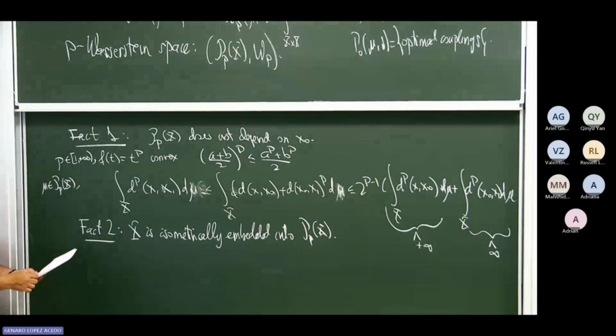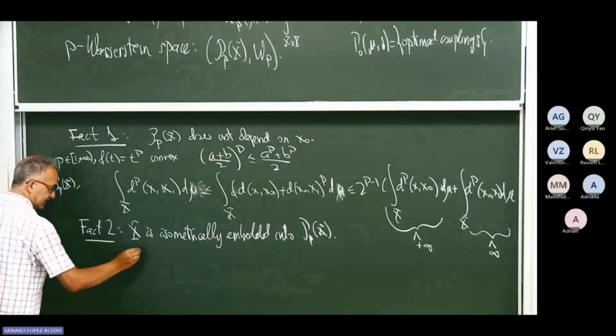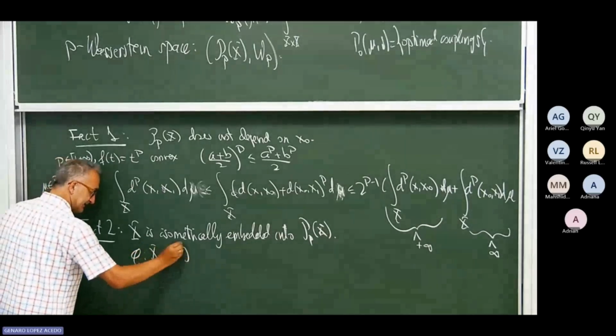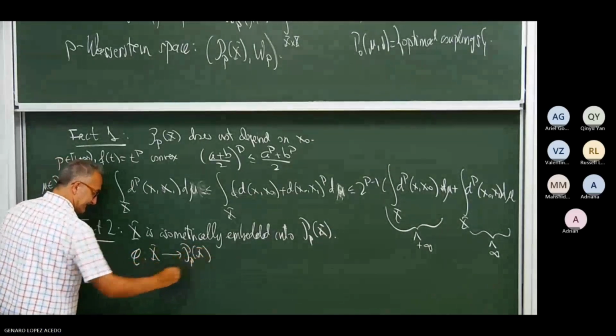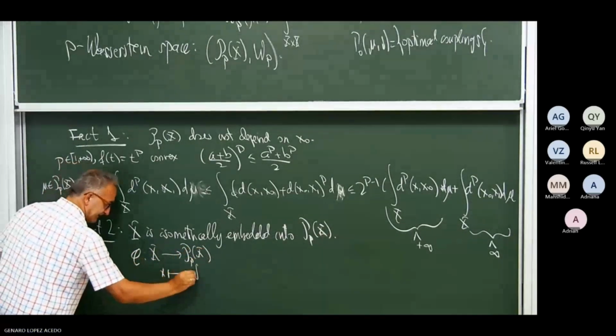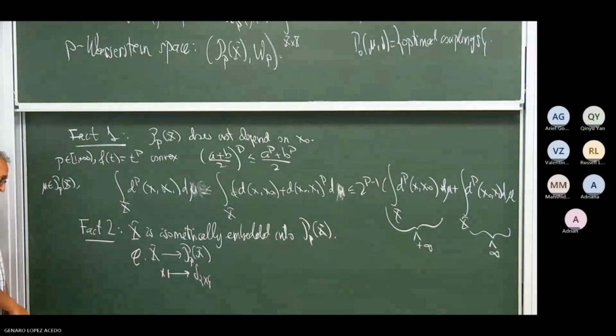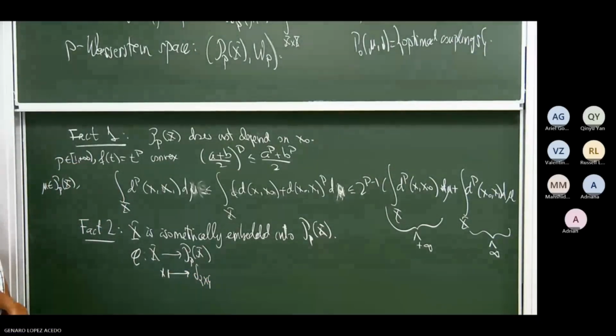For that, we need the mapping inclusion of X into P_p(X). We just take the delta measure.